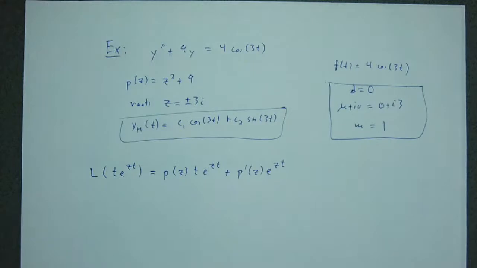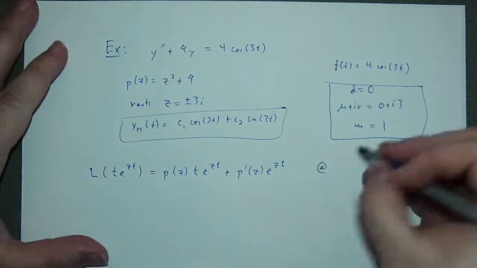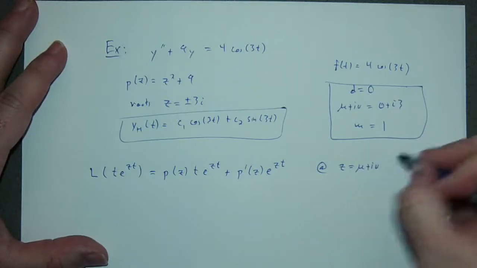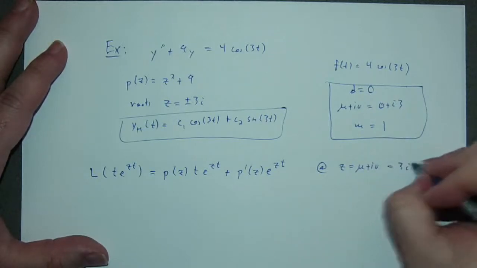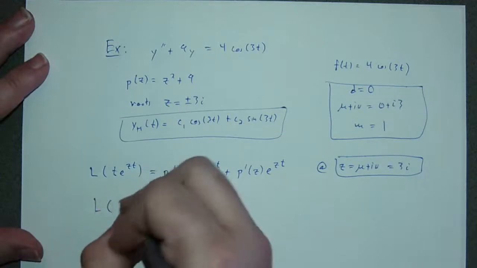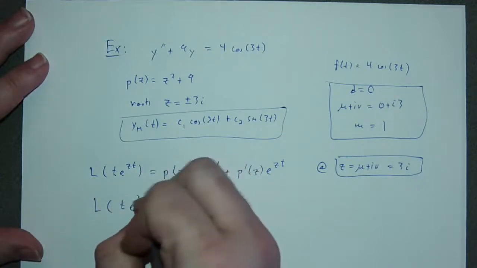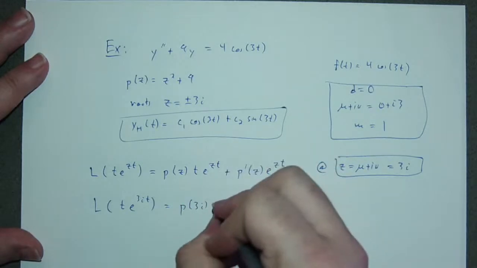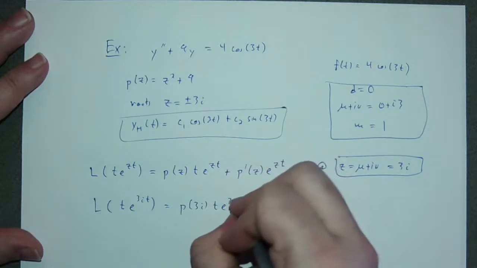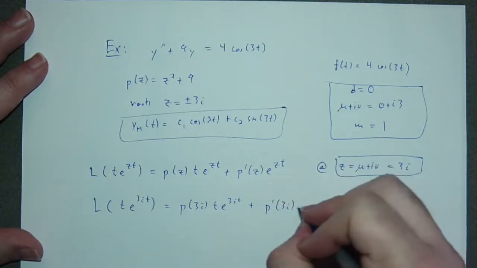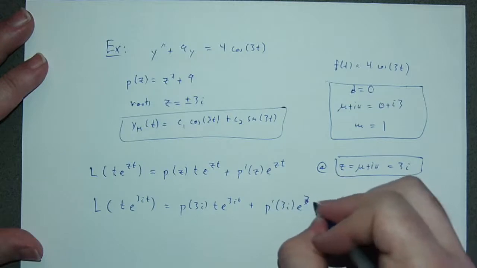Okay, and I want to evaluate this at z equals mu plus i nu, which is 3i. So if I do that, what I get here is L of t e to the 3it is equal to P of 3i t e to the 3it plus P prime of 3i e to the 3it.